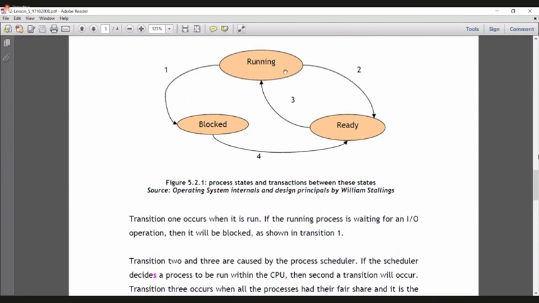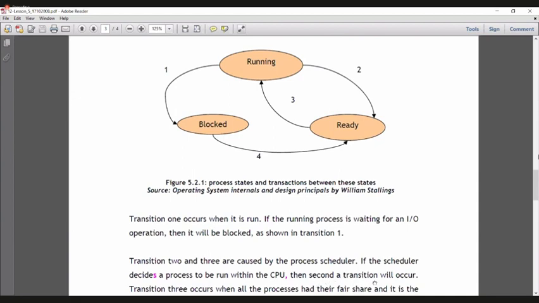Or the scheduler may say, okay, your time is out, so move back to ready state and give a chance to another one. If the scheduler decides a process is to be run within the CPU, maybe a high priority process comes, the scheduler gives that chance to it.